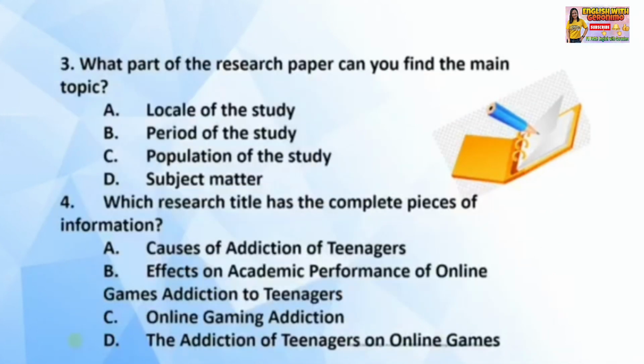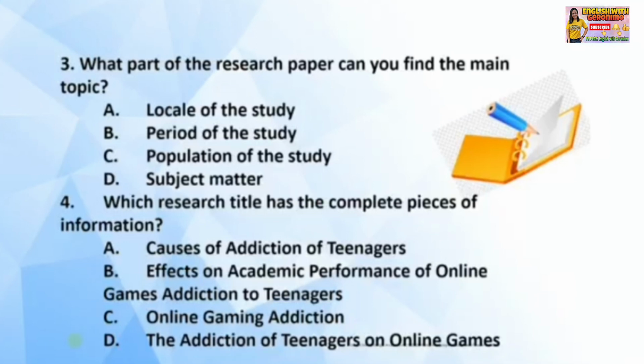Three. In what part of the research paper can you find the main topic? A. Locale of the study. B. Period of the study. C. Population of the study. D. Subject matter. Four.